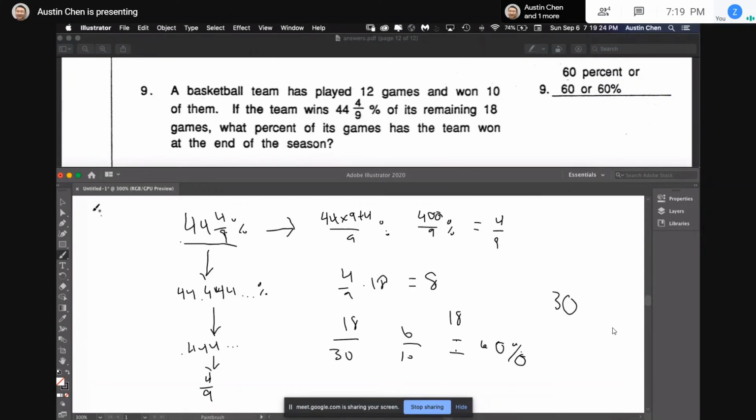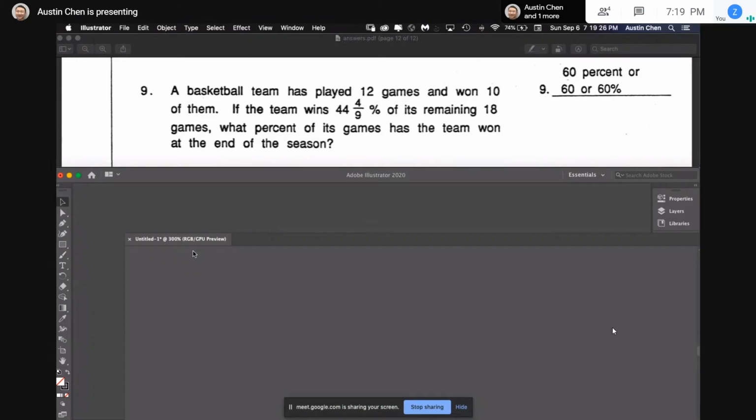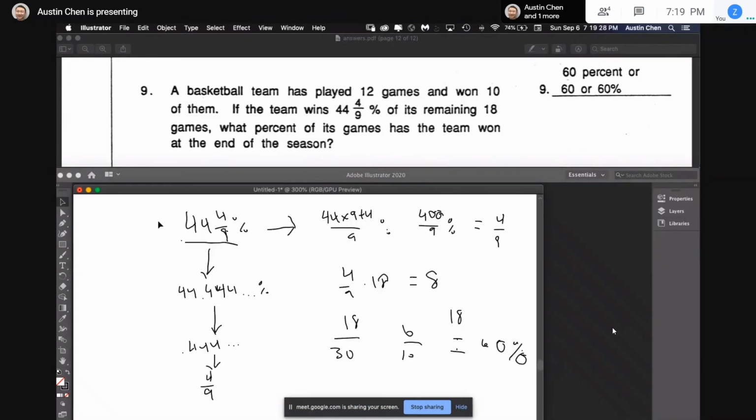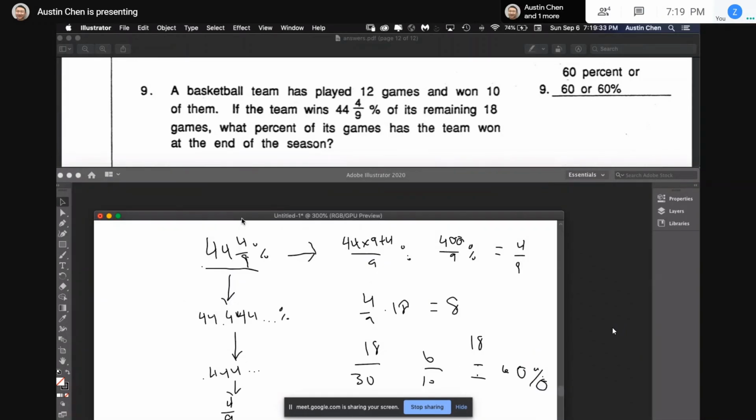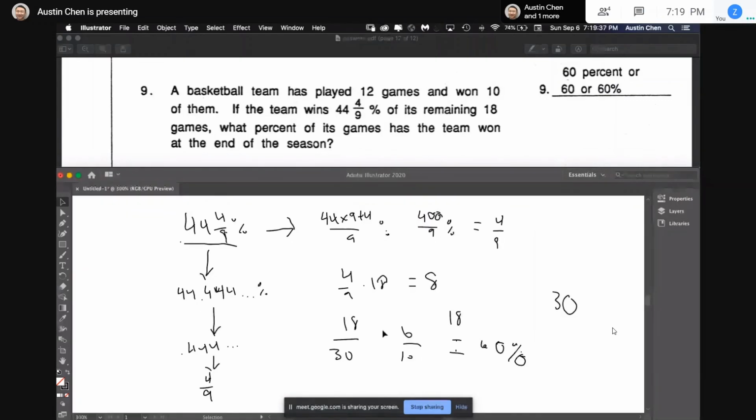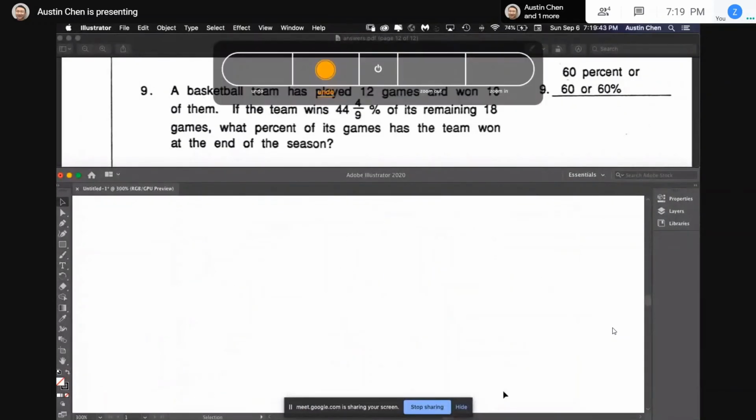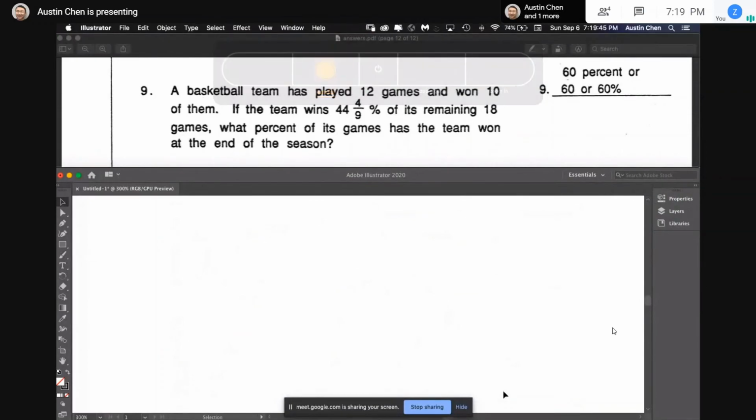Right. So the main takeaway from this problem is that if you have something repeating, then it is the repeating digits over that many 9s, one 9 for each repeating digit.